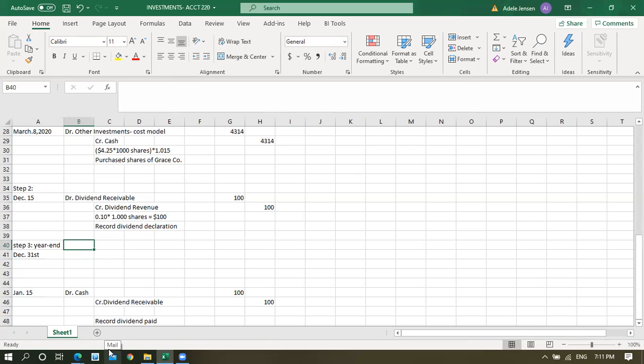So you will notice when we get to the other models, like the fair value net income, that we will actually need to make the adjustment in the investment account to make it equal to fair value. So we would need to do that at December 31st if we were using the fair value through net income method or OCI.